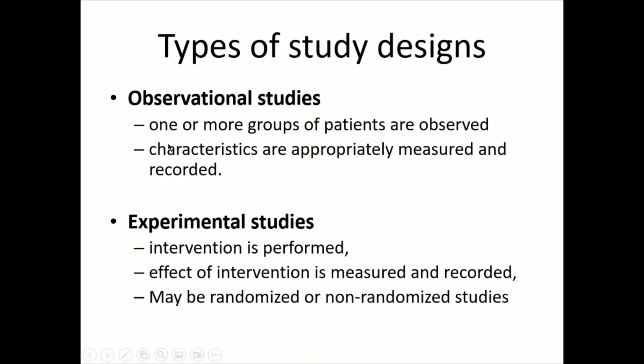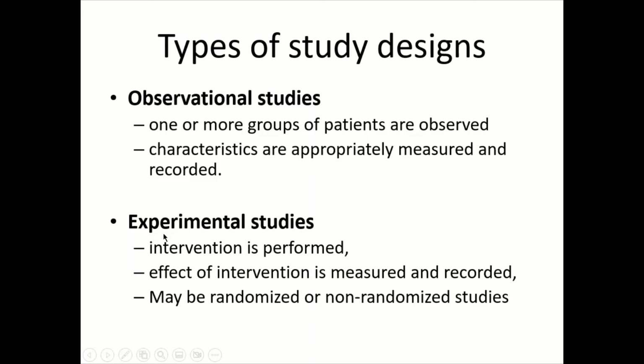So some of the characteristics these observational studies have include that one or more groups of patients are observed. You are observing, you're not changing anything. You're just observing what is happening, trying to learn something about the characteristics and dynamics in the patients being observed. So the characteristics are appropriately measured and recorded.